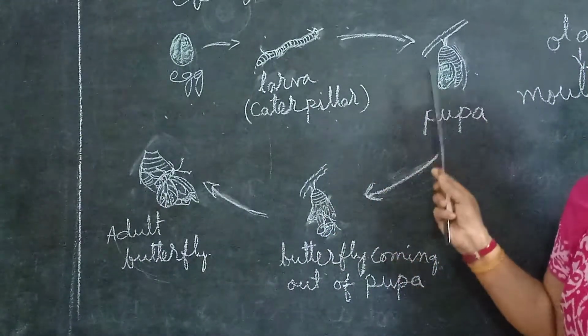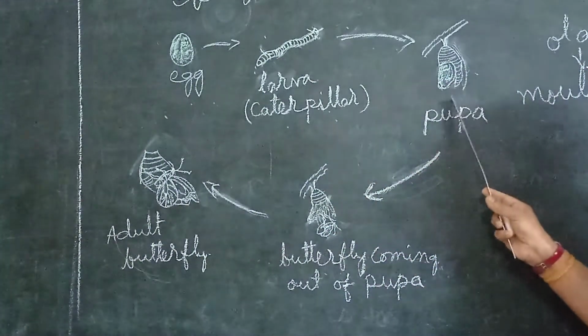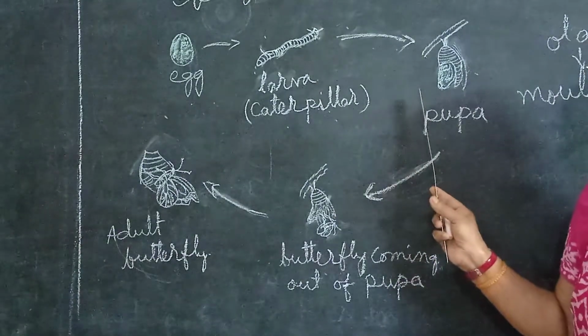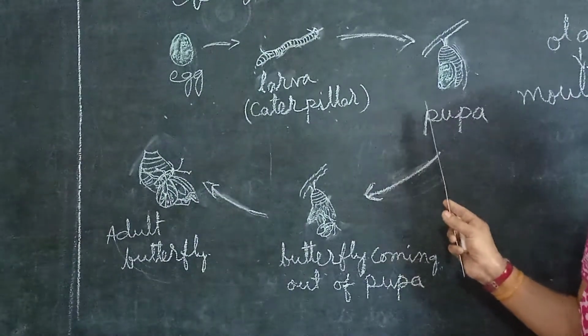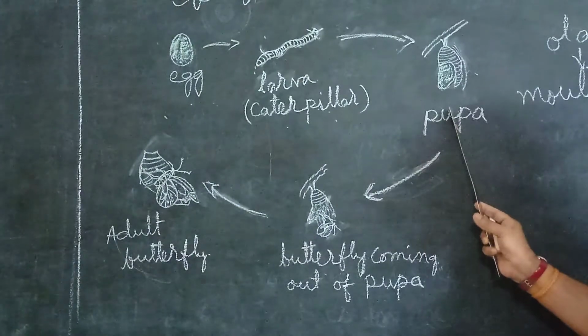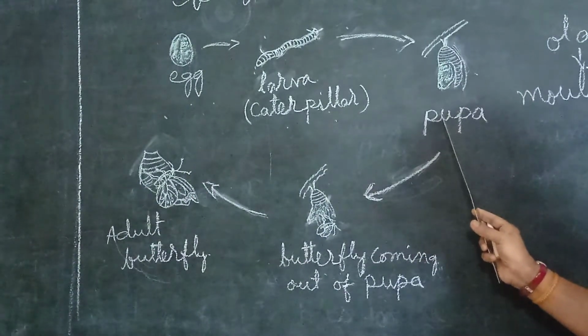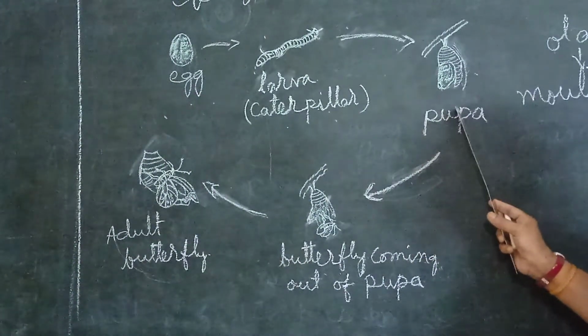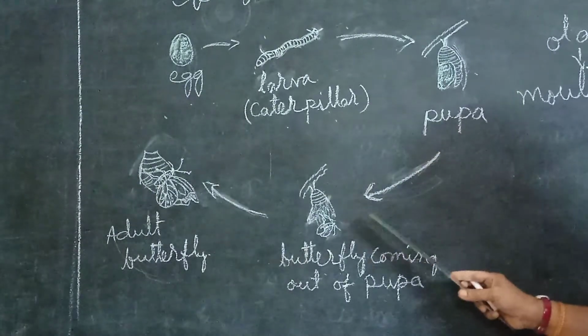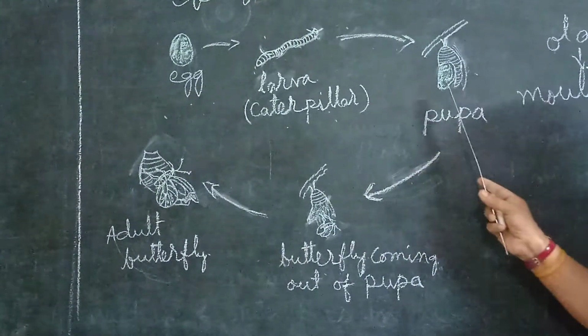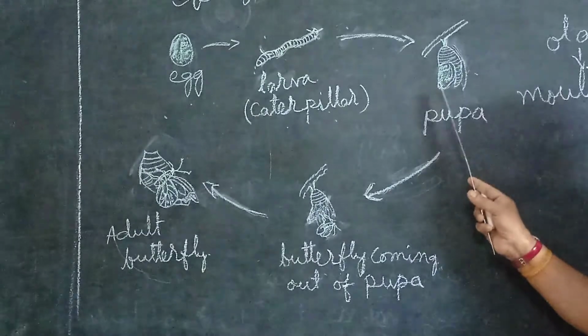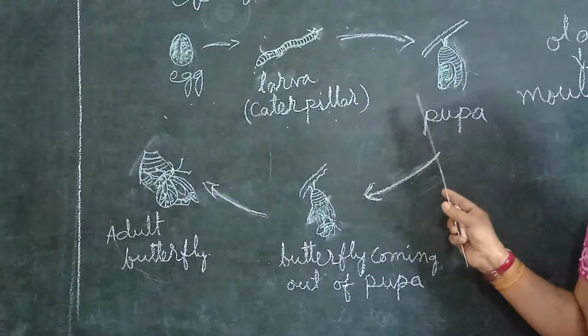It goes inside, and inside the pupa it undergoes several stages. The caterpillar changes shape and becomes a butterfly. Before that it sheds its skin many times.